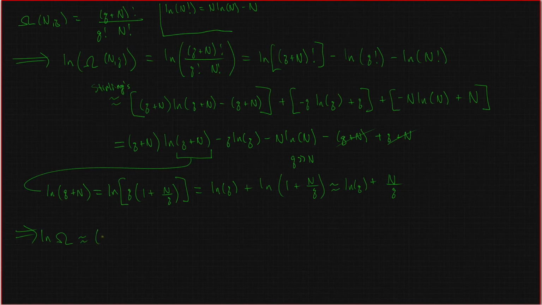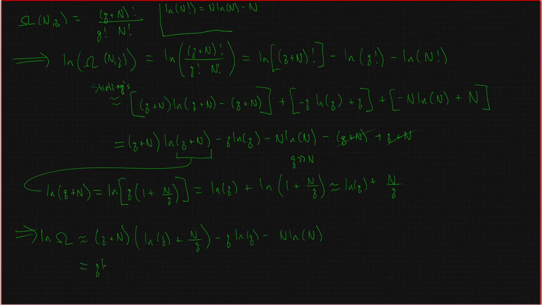All right, let's put this back in. (q plus n) times ln of q plus n over q, just taking what we had found right here and plugging it back in. And then we also had minus q ln of q minus n ln of n. All right, so now we can just distribute this (q plus n) onto these guys right here.